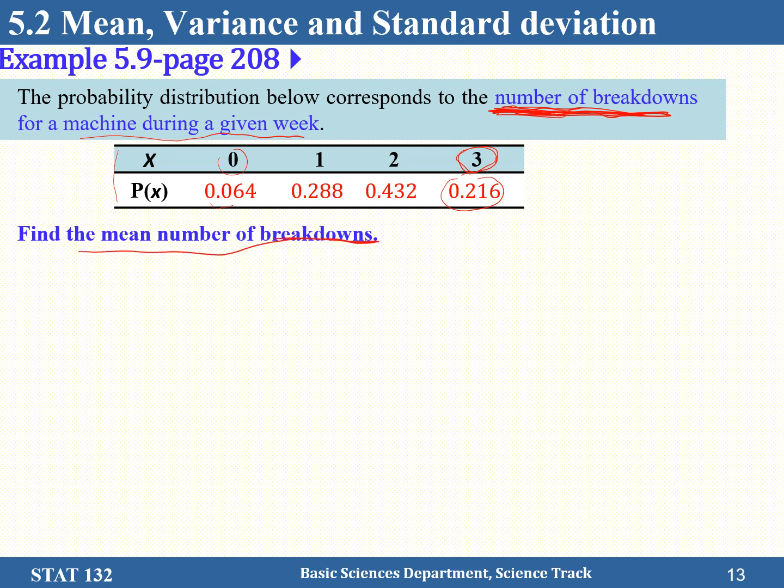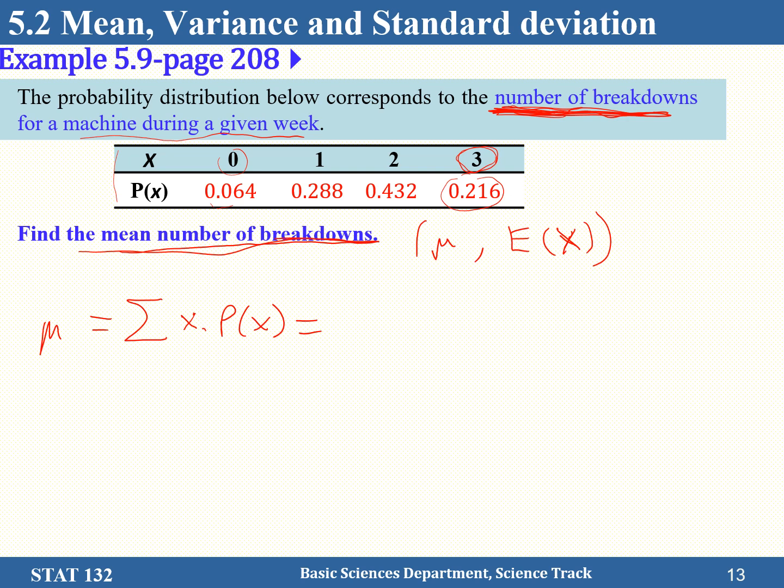Anyway, let's find the mean number of breakdowns here. It's the expected value of X, so it's asking for mu, the expected value of the random variable X. The formula for mu or E of X is just x times p of x.